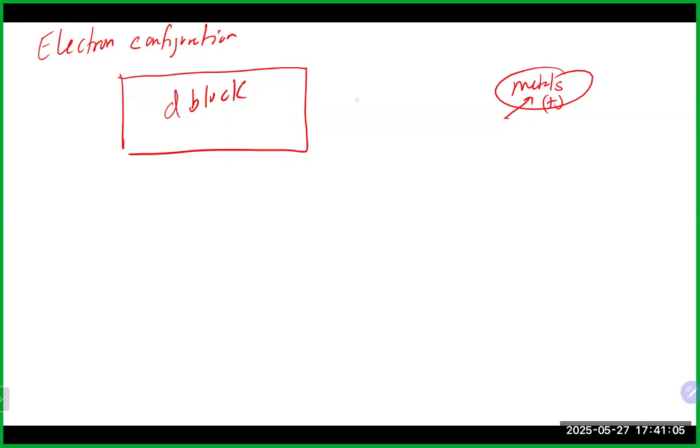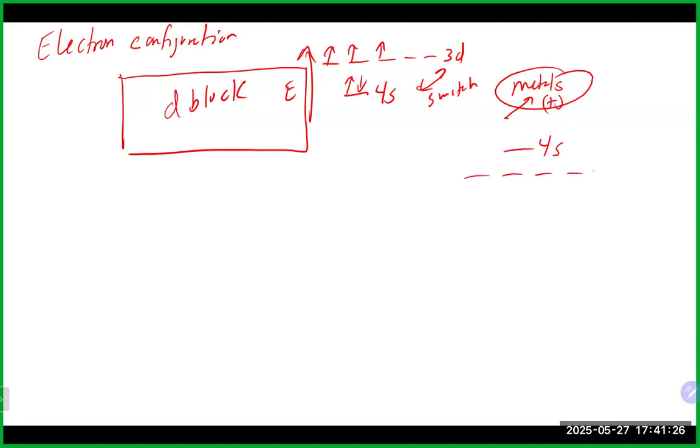A reminder that when we write electron configurations, as electrons go into the atom, they fill the s first, but there is a switch that occurs once they start putting electrons into the d orbitals, and the 4s, for example, actually becomes higher than the 3d for the first row transition metals.